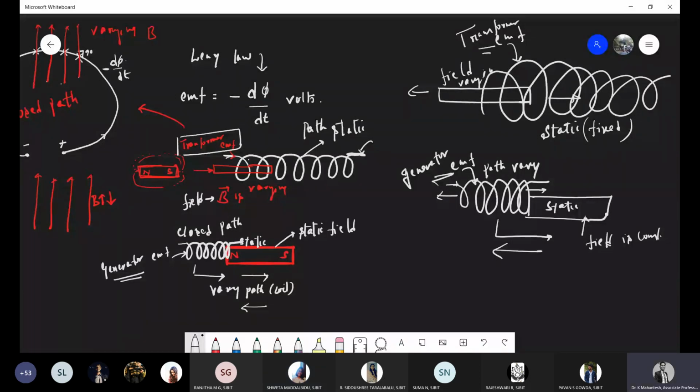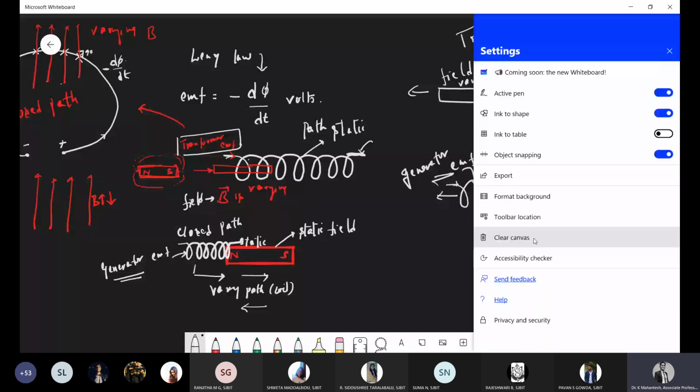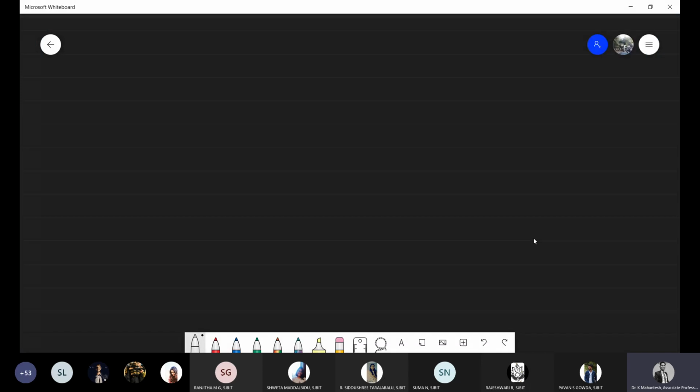Let me clear this now, and we shall go back to our friends, Faraday's Lenz law. So what was the statement? The statement was EMF induced, EMF will be equal to minus d phi by dt. And why is this minus sign?